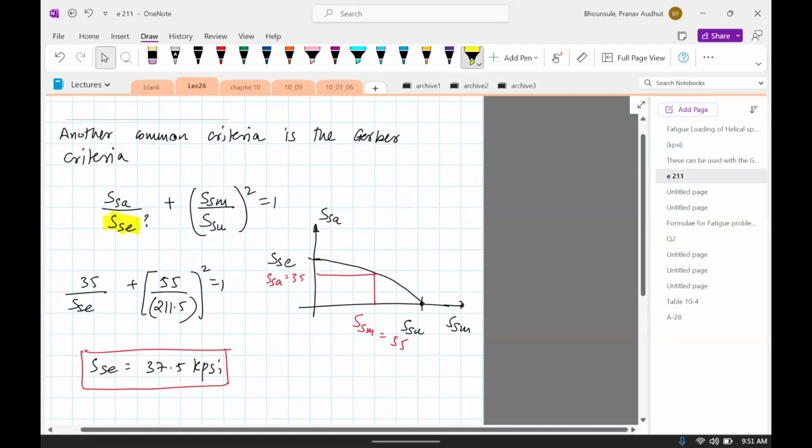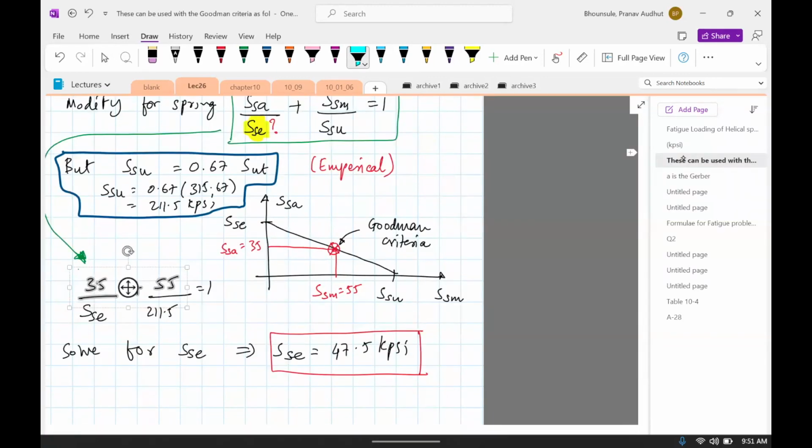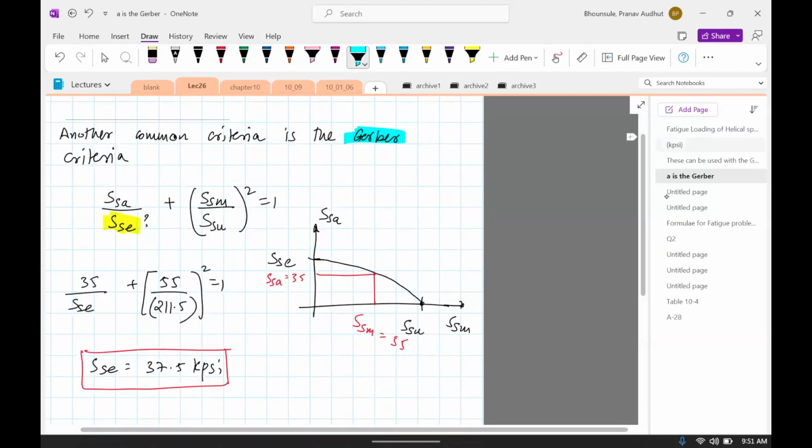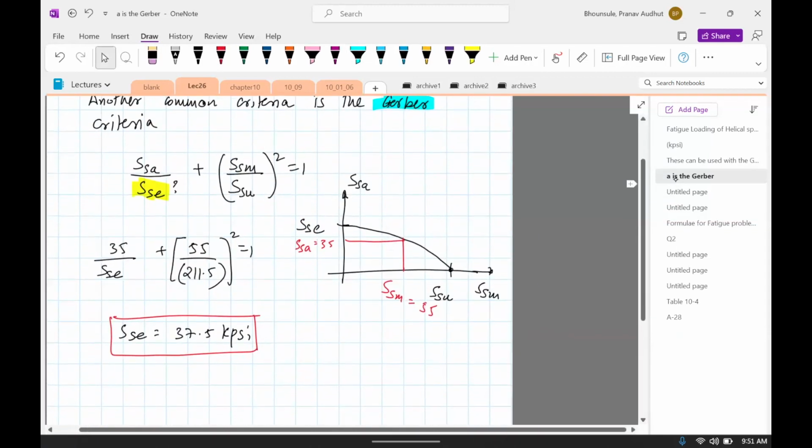So this was Gerber. Then we looked at Goodman, and there's one more criteria, which is a new one, and we'll go through that before we solve a problem. So that's the Gerber criterion.